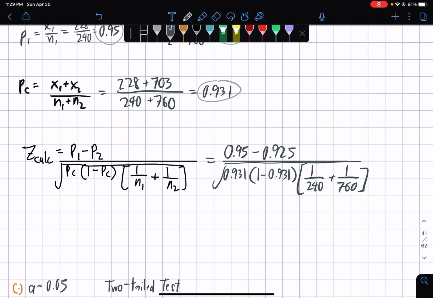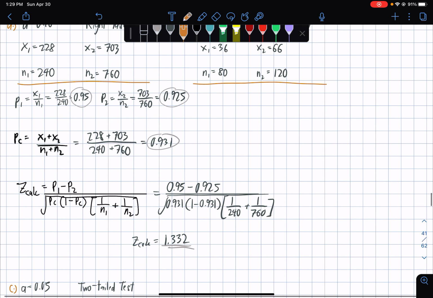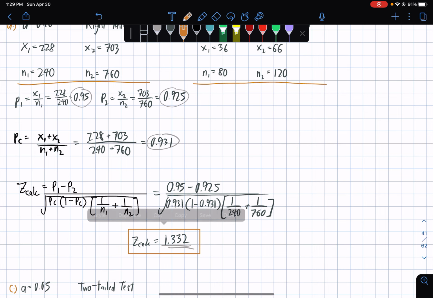According to the calculator, the answer is 1.332 if you round it off this way. I think this is already the answer. This is the test statistic.